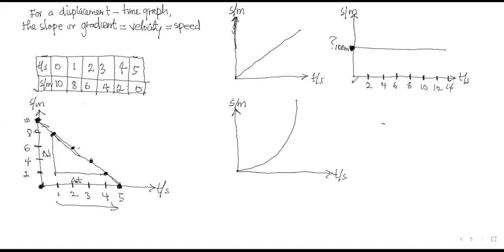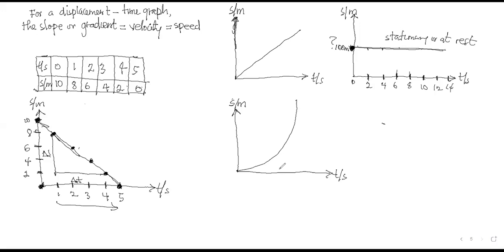Okay, from 0, you move. When it starts, you were able to, but after 2 seconds, you were at the same location. After another 2 seconds, you are at the same place. So it means that when you have a displacement time graph and the gradient or the slope is 0, the body is stationary, or at rest.